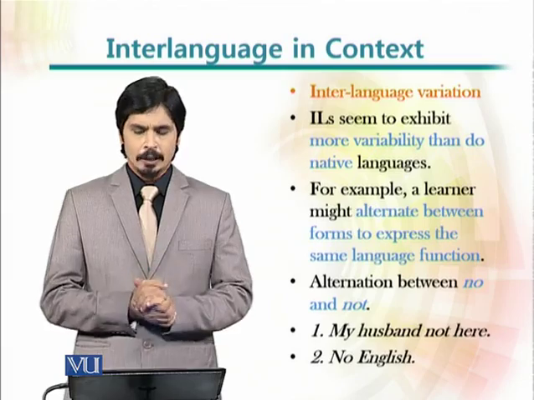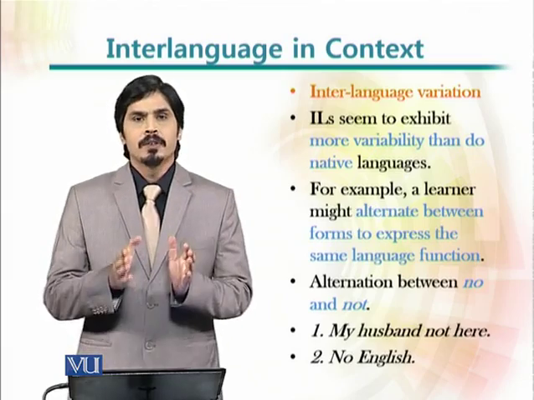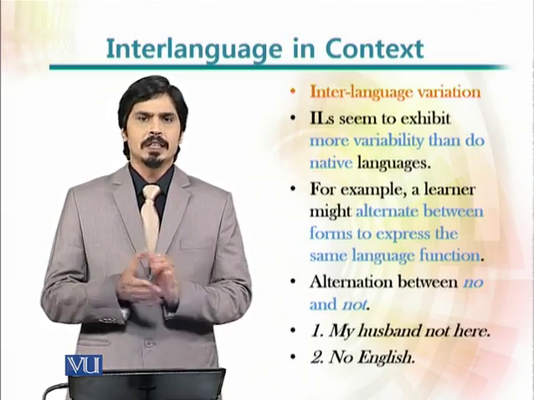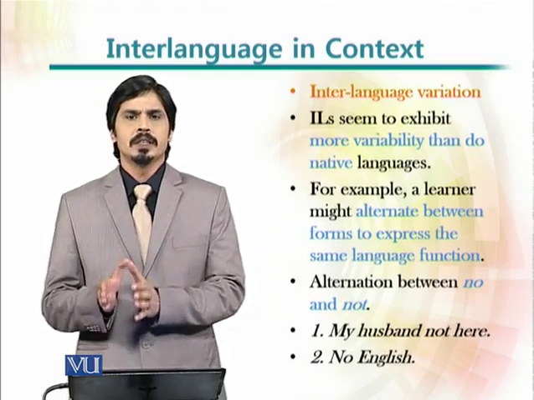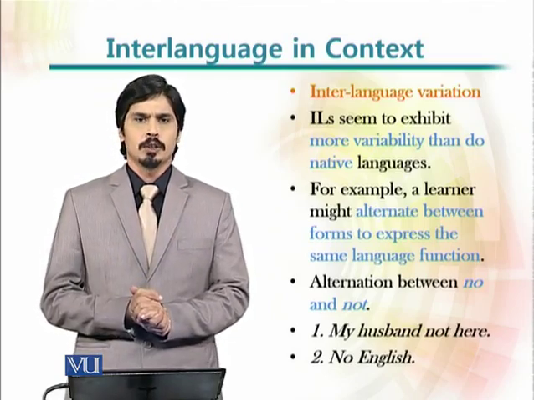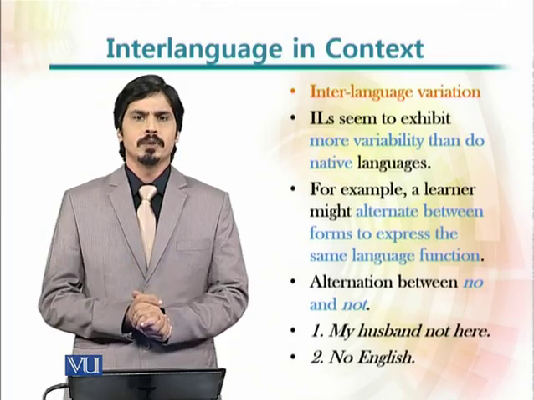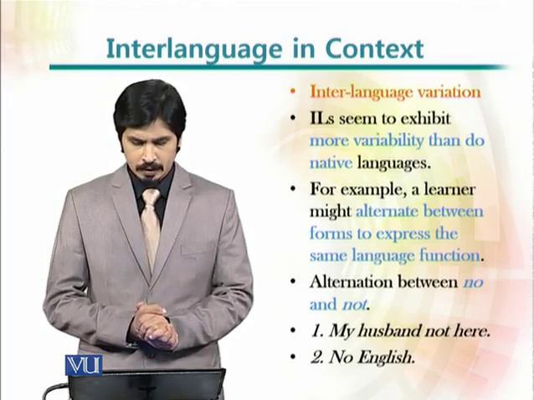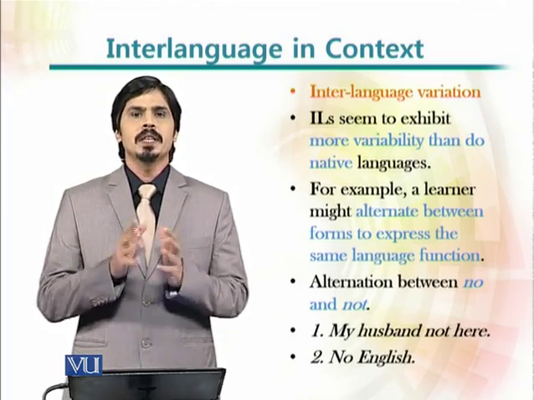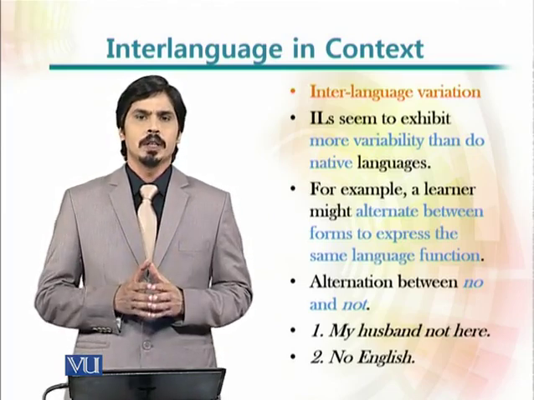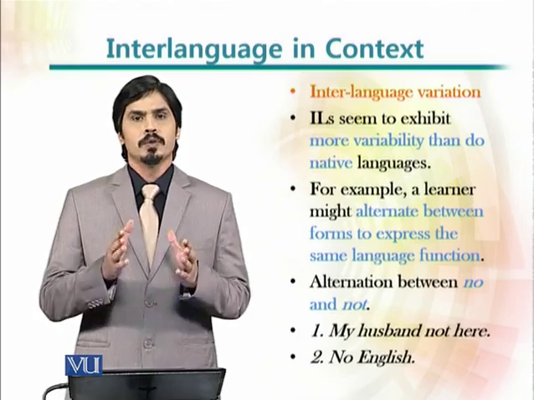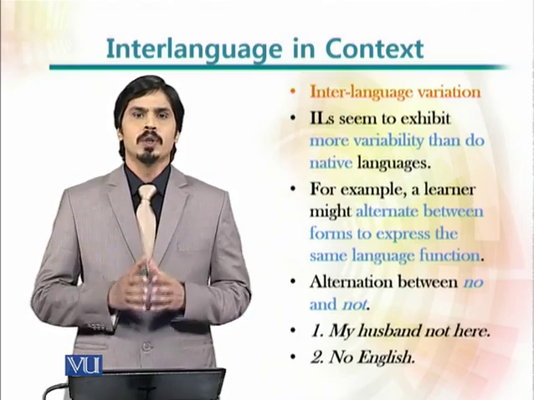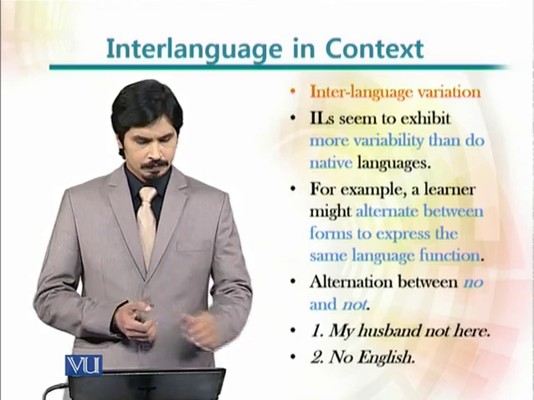If you look at this slide, you will find that the function of negative is being represented by both no and not. Examples in front of you are, my husband not here, no English. These are the typical examples of an interlanguage, and you see the function of not is being performed by both the word not and no.